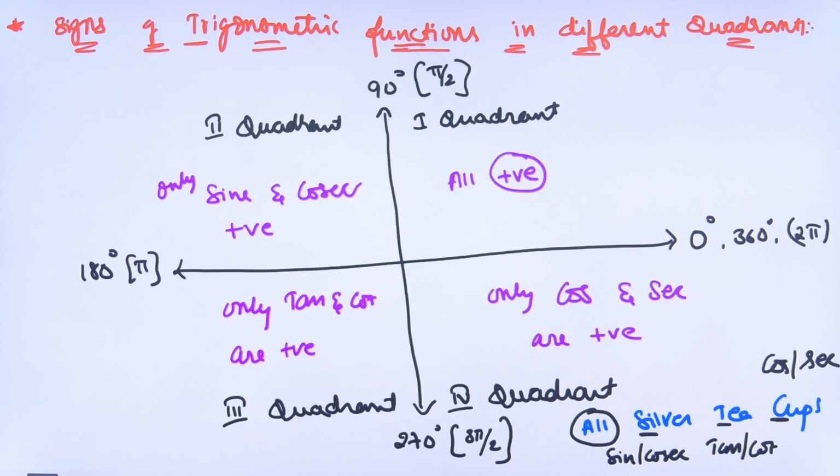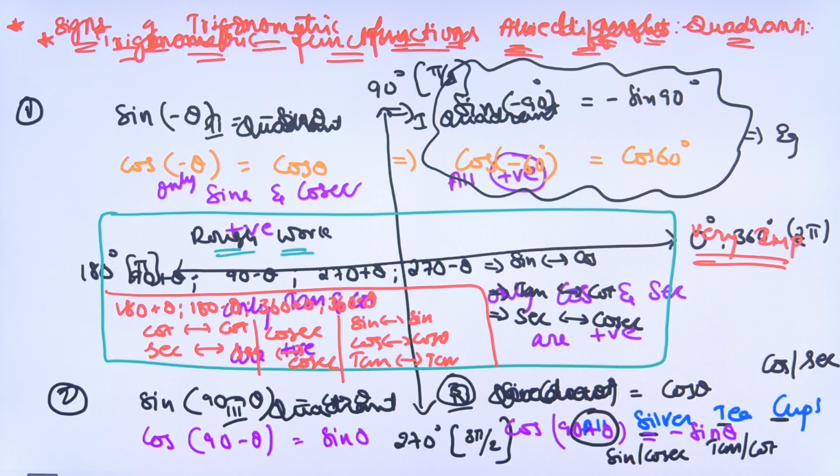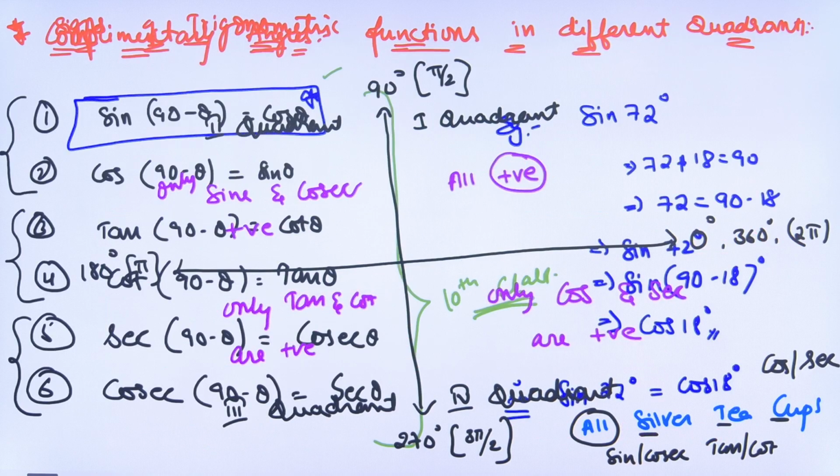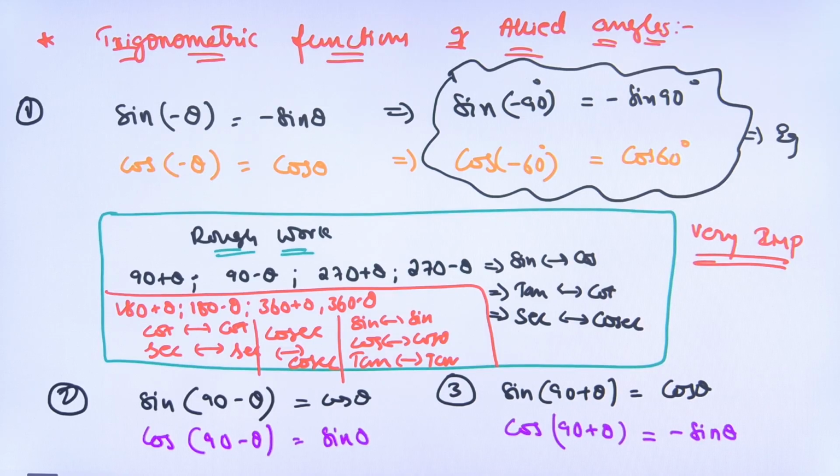Next, whether sine will change to cos or cos will change to sine depends on these complementary angles. Here I already wrote, either sine will change to cos, cos will change to sine. This all is mentioned in this, similar to the complementary angles.